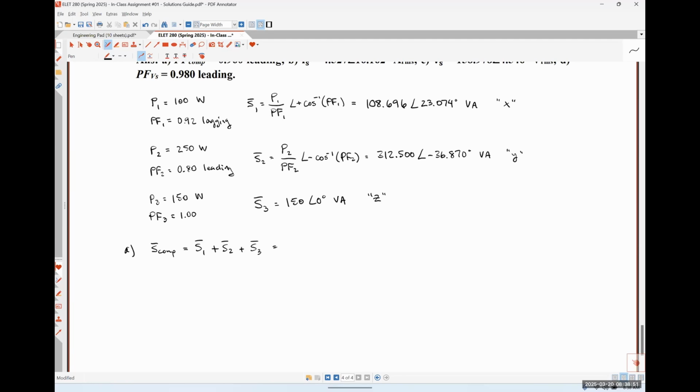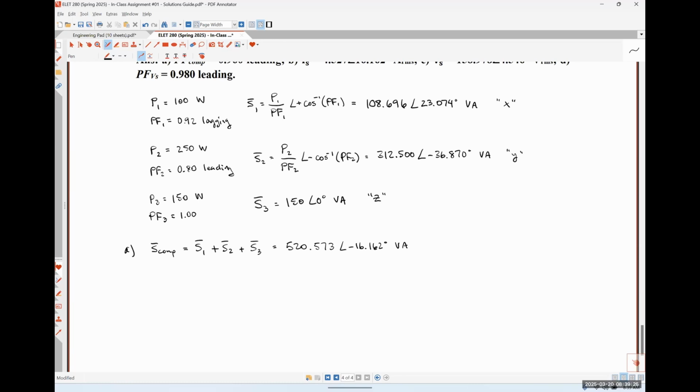And because I stored all of those values in my calculator, I'm literally just going to do X plus Y plus Z. And I wound up getting 520.573 with an angle of negative 16.162 degrees volt amperes.